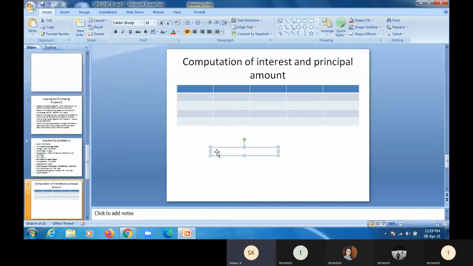So calculation of installment for 1 year, that you need to calculate first.